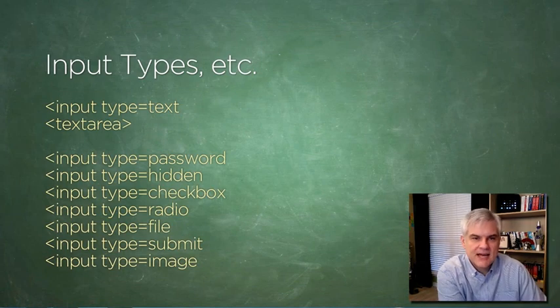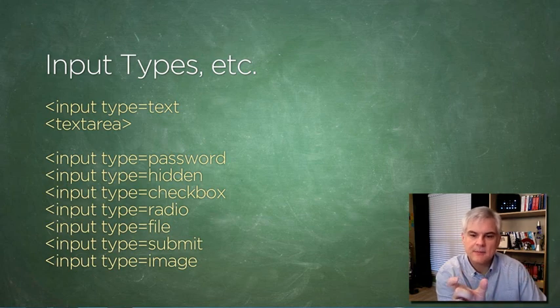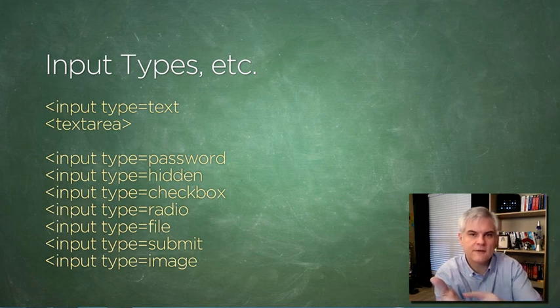The ones that we haven't looked at are input type equals password, hidden, and file if you want to allow a user to upload a file. There's some work that has to be done on the server as well to accept the file, but this creates the ability for somebody to click a button and choose from a file picker off of their local computer which file they want to upload. There's also, we looked at the submit and reset.